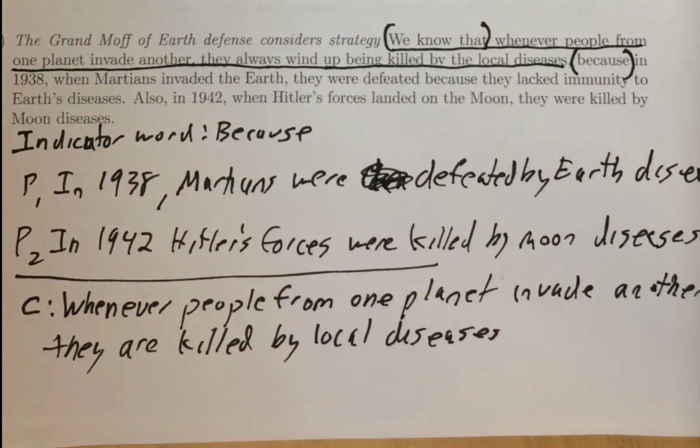And when Hitler tried to invade Russia in winter, he was defeated by the harsh weather. So it's the same form of the argument, but now we've substituted in real examples. So one of the things that is important when we talk about argument is learning to distinguish the form of the argument from the content of the example, where sometimes the content of the example might be silly or false, but the form still might be good.